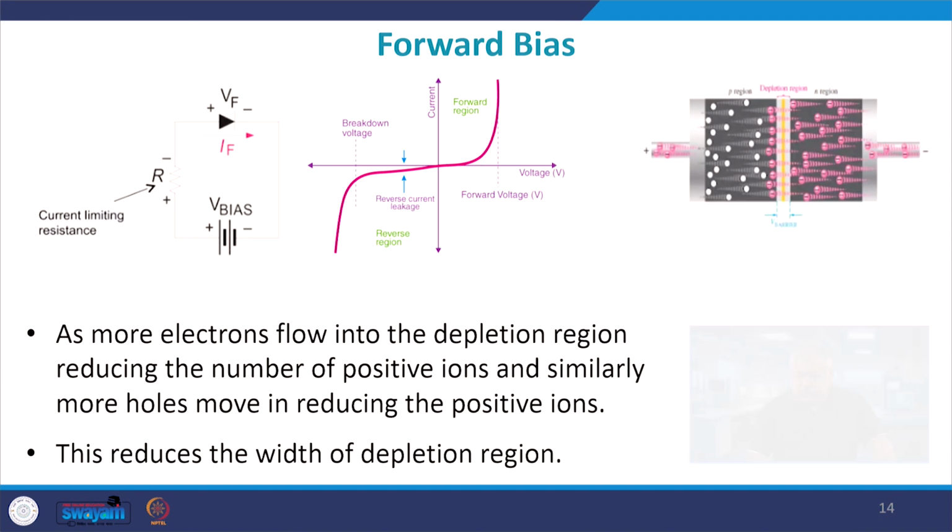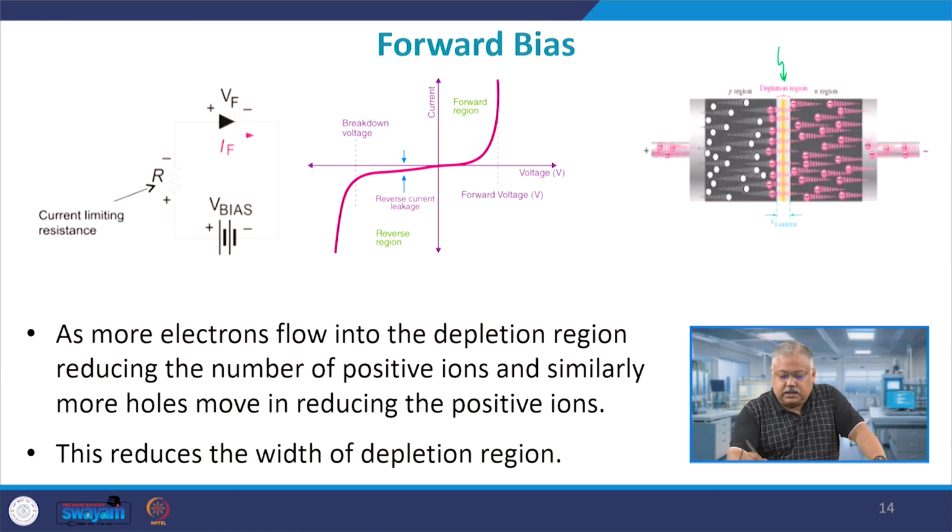As I was discussing with you, this is my depletion region, and I had this p side, n side. This yellow colored region is near the metallurgical junction in my depletion region. This is positive, negative, and this is the n region having a large number of electrons, the p region having a large number of holes.